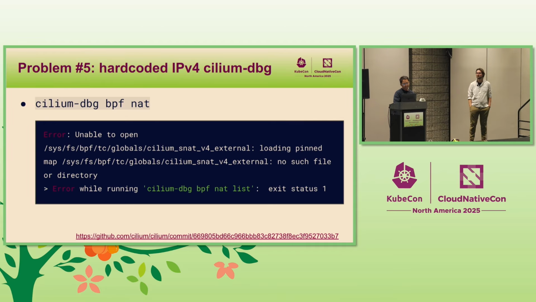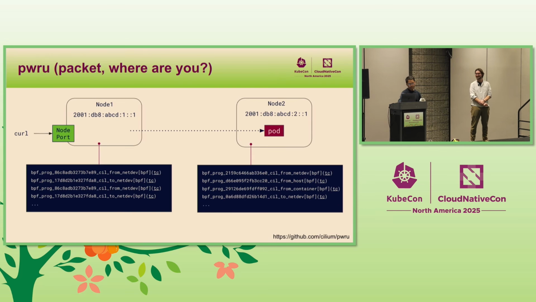However, when we ran this, it did not work in our environment, because the Cilium CLI hard-coded IPv4 in the condition logic. So we had to patch it manually in our environment, but eventually they fixed it upstream, so this problem no longer exists.